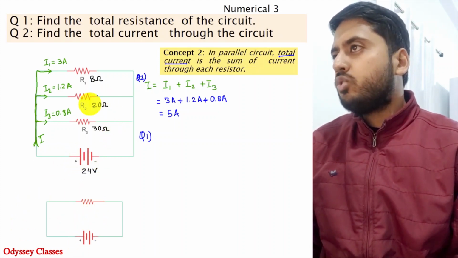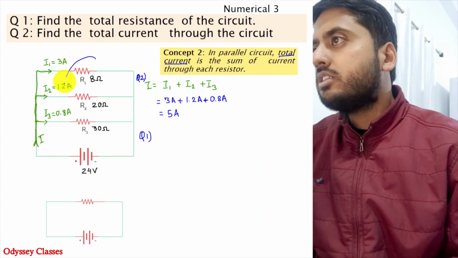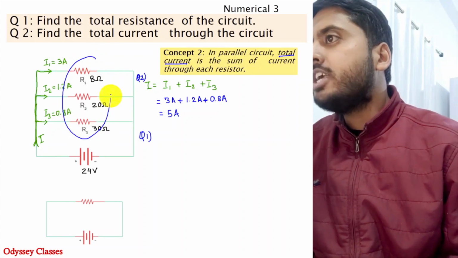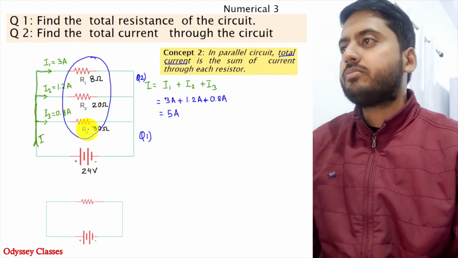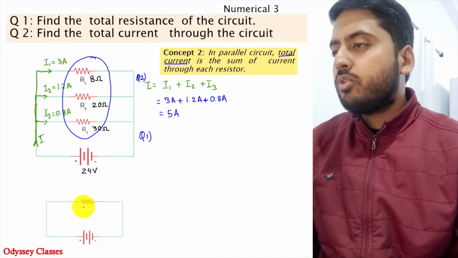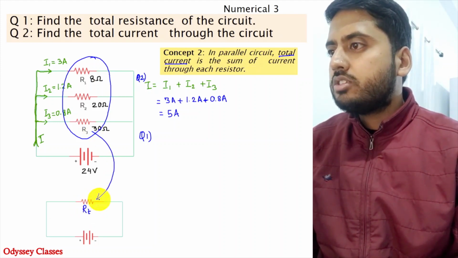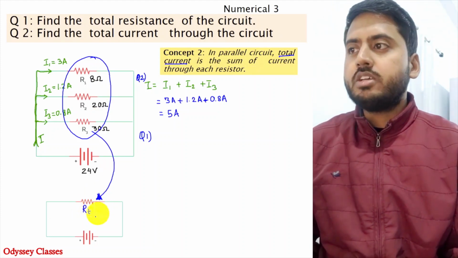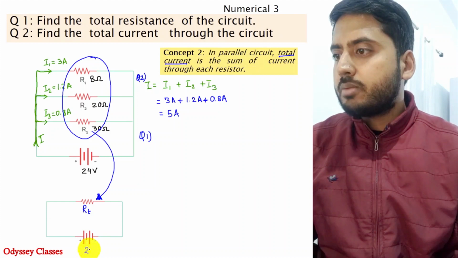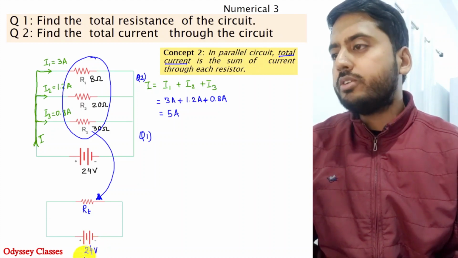So we need to find one resistor that will be equivalent to all three here. This is what I'm calling R total, the resistor that is replacing all three in the above circuit, and this is the same supply voltage, 24 volt.